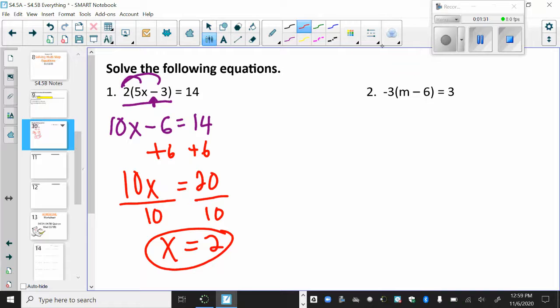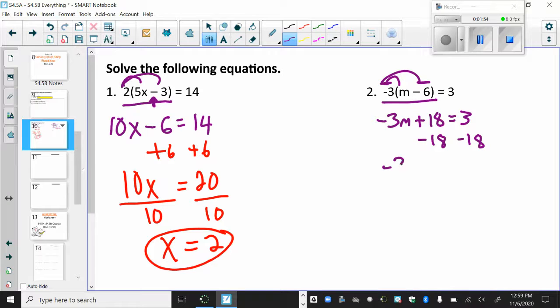All right. Next one. Distributive property right here. So negative 3 times m to get negative 3m, and then negative 3 times negative 6 to get plus 18 equals 3. Can I combine like terms? Nope, no like terms. So I'm going to get my letter by itself. I'm going to do minus 18 on both sides.